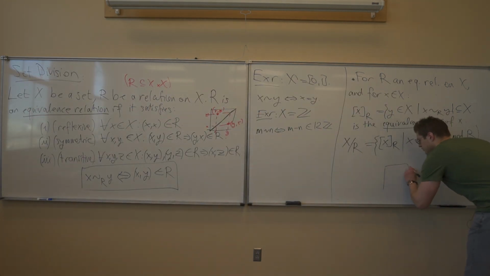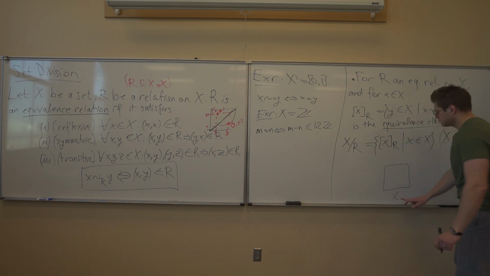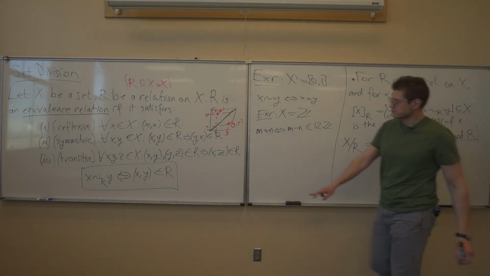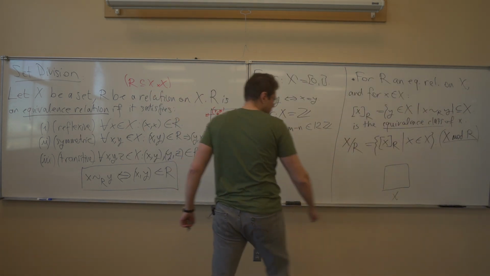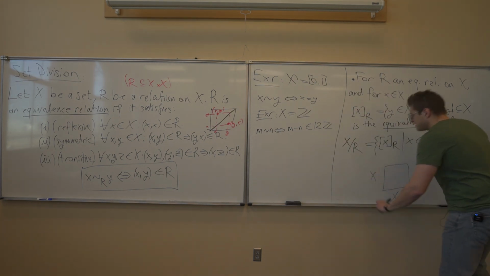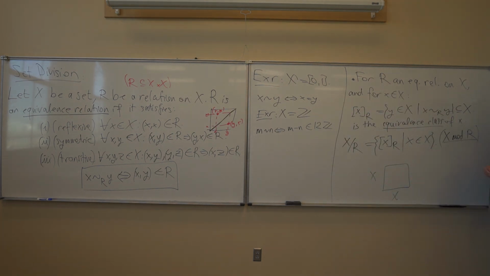You have the first component X, and then the second component X. And then my R is a certain relation, which means that it's a shape here. What you do is this. You take an x and you look at the slice of your shape that is vertical. This is that vertical slice.